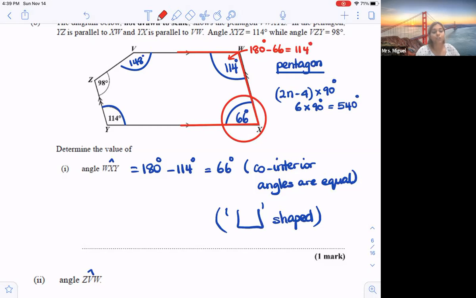So we have 1, 2, 3, 4, 5. We have 5 angles. So watch this. This is 98.